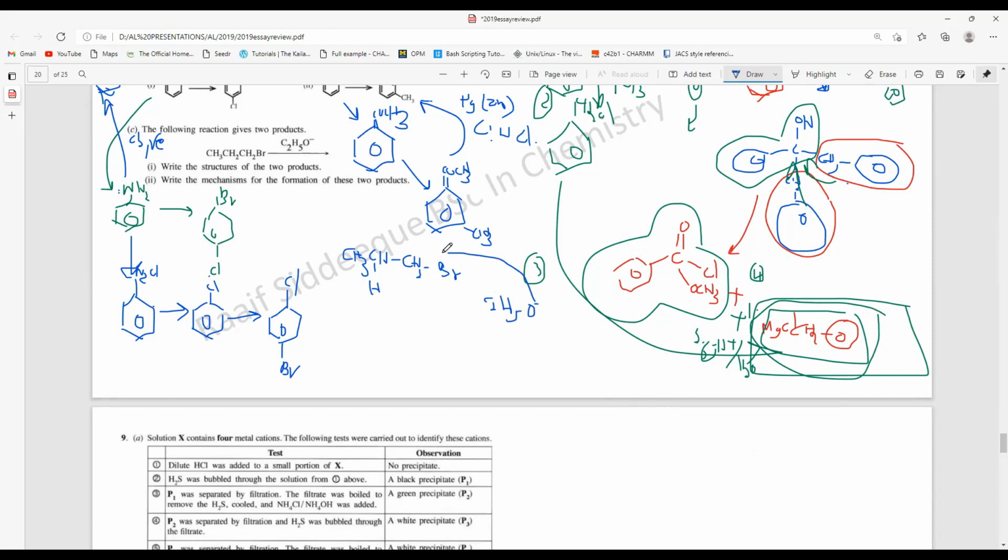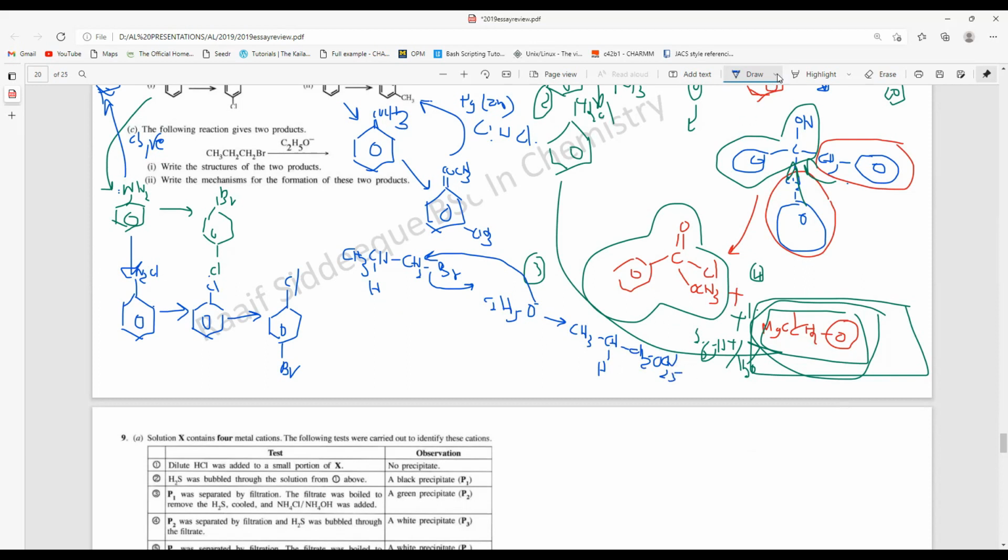it can act as a nucleophile and attack the CH2 group and remove this Br to form the substituted product. Okay, SN, nucleophilic substitution. So there will be hydrogen here, and there will be CH2 here and OC2H5. So this is an ether.